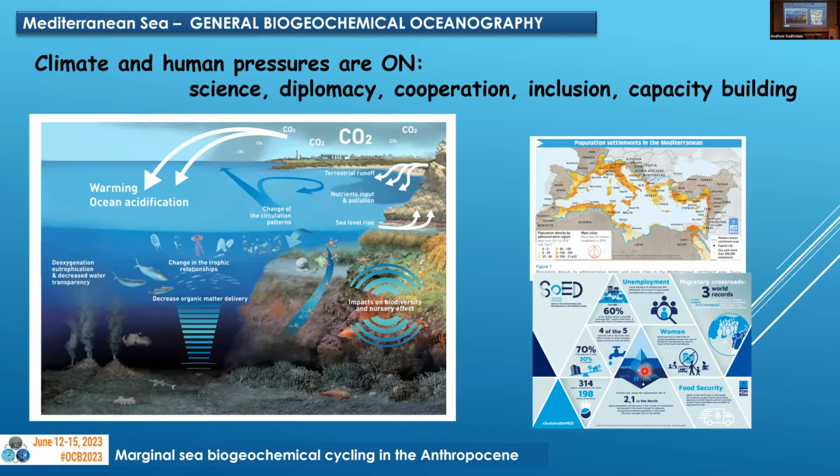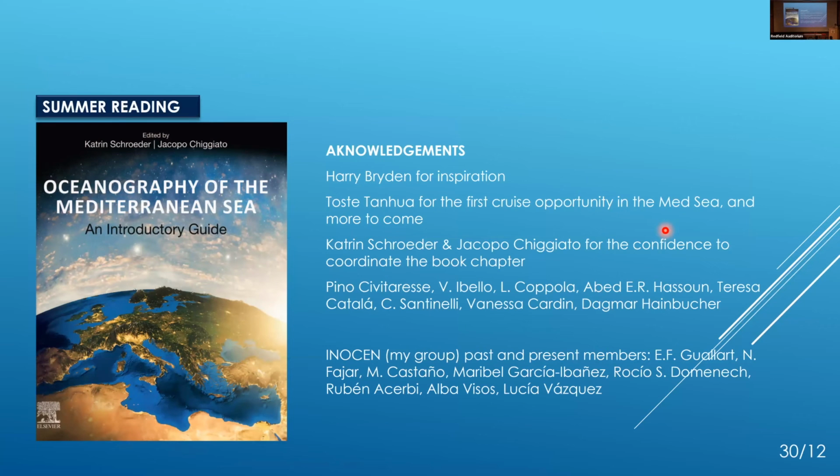We need science, but we also need, for getting proper science, diplomacy, cooperation, inclusion, and capacity building, because remember that there is a huge difference between both shores that sometimes limits and constrains our capacity to observe the Mediterranean Sea. So this is all.